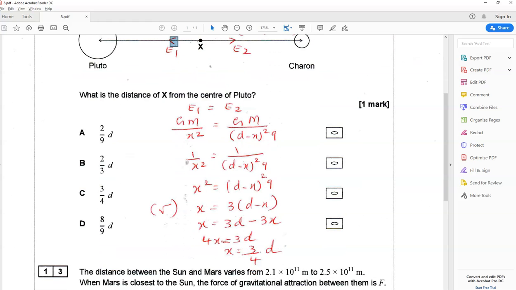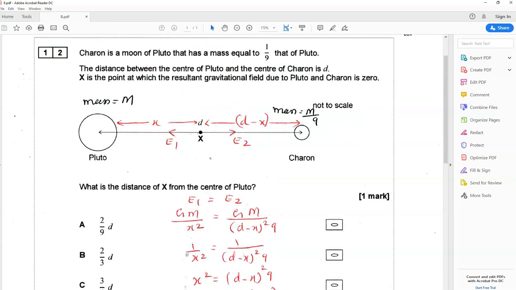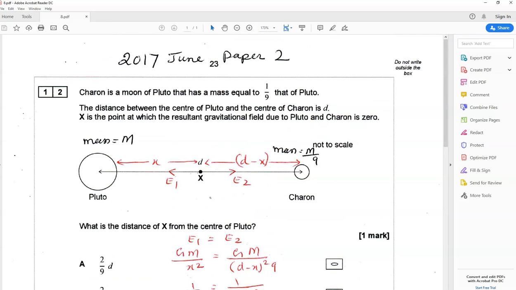Now again apply the basic formula, where the gravitational field is Gm by r square. Problems like this, you just have to make an assumption.